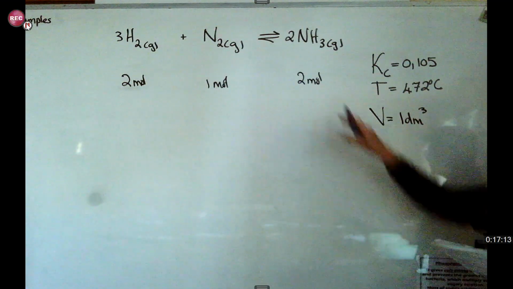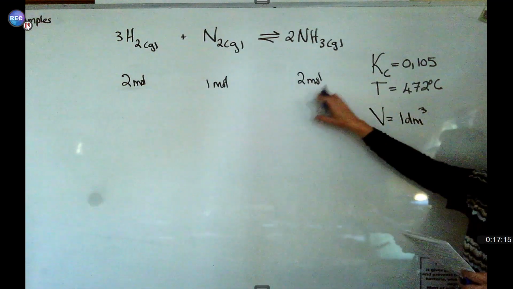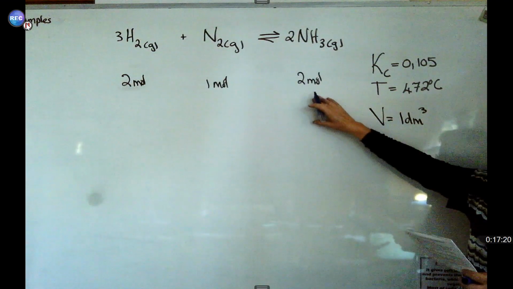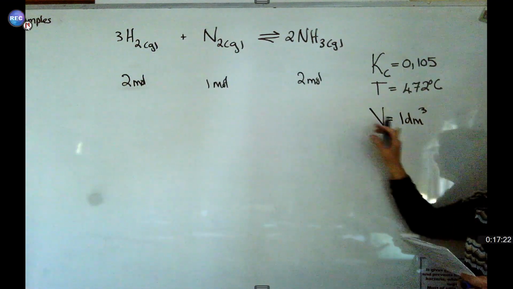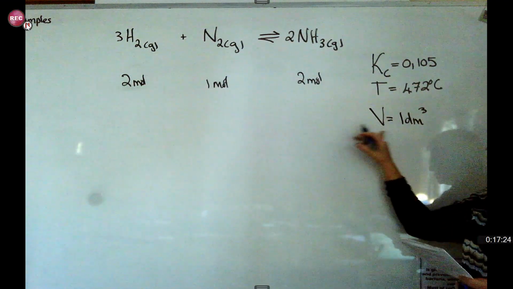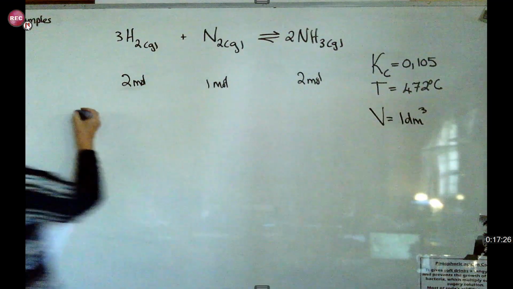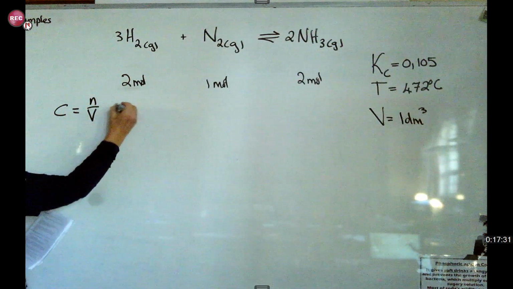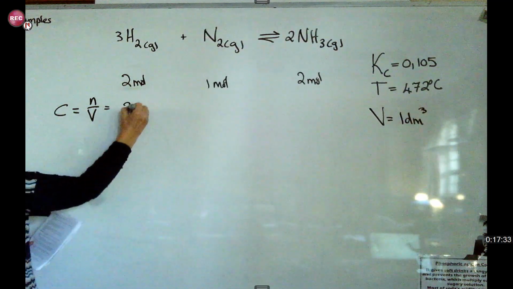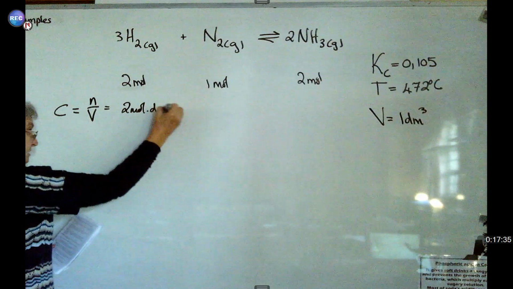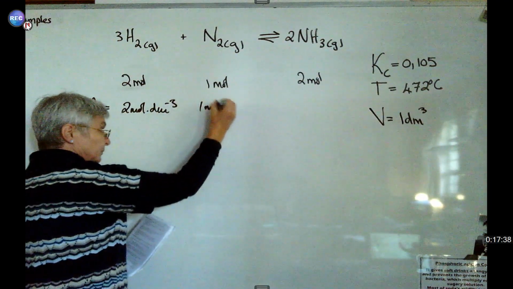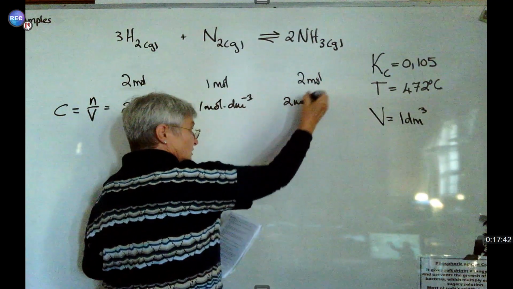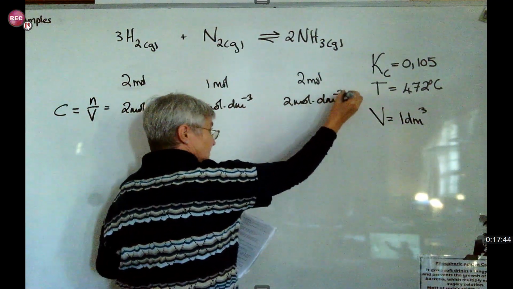So we need to act as though these would be the equilibrium moles, and change them to concentrations. Because the volume is 1, the mole to volume ratio would be 2 mole per cubic decimeter, 1 mole per cubic decimeter, and 2 moles per cubic decimeter.